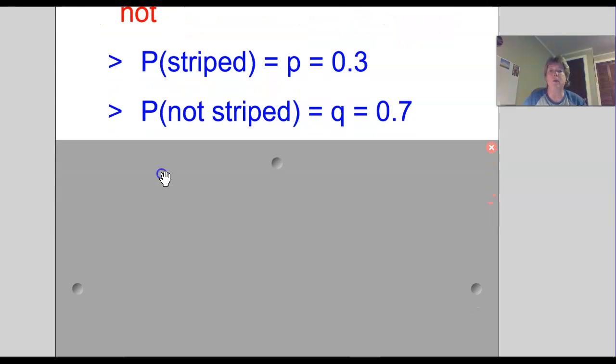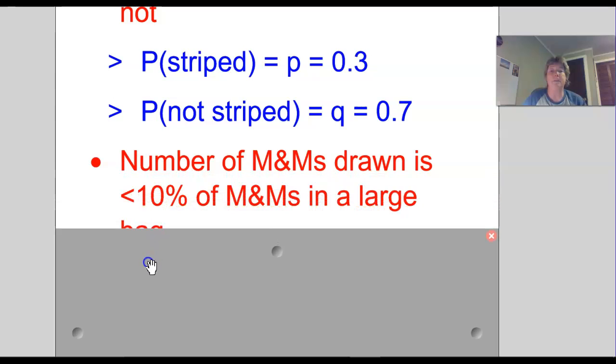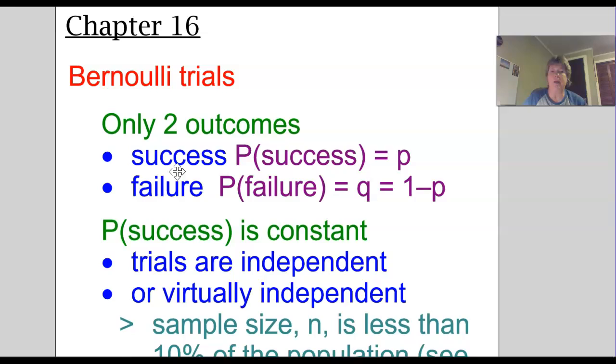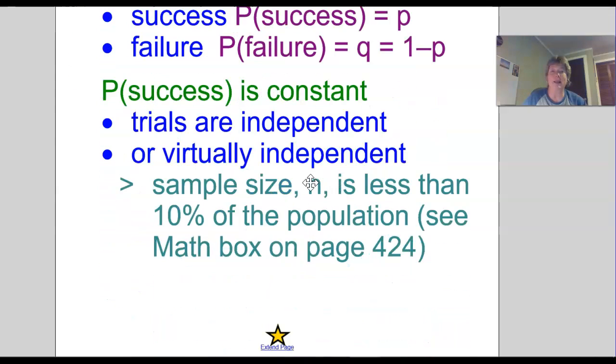And we're going to keep doing that until we find a striped one. So here we are going to cite that the number of M&Ms it's going to take will almost certainly be less than 10% of all the M&Ms in that large bag. So we don't have a set sample size here. We don't know how many M&Ms it's going to take until I get a striped one. So here I don't have an N, back on the slide when I talked about the sample size N being less than 10% of the population.